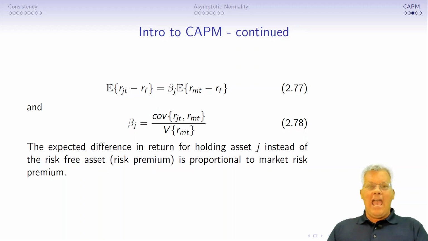So what CAP-M, or equation 2.77, is telling us is that the additional return, or the excess rate of return you get from holding a single asset, is proportionate to the risk that you bear. Right? It's basically operationalizing the golden rule of finance.